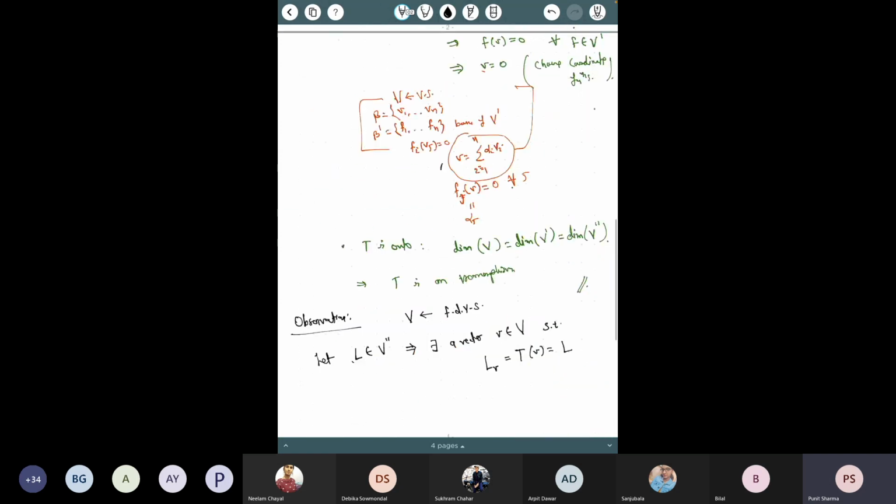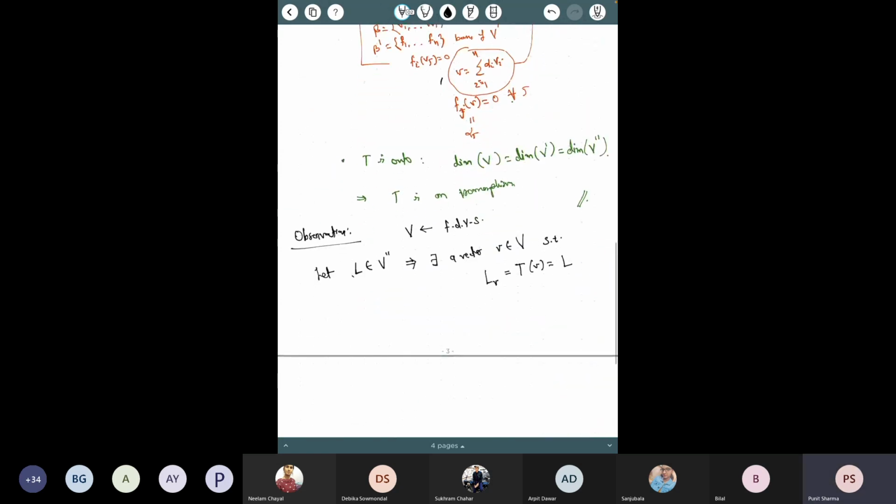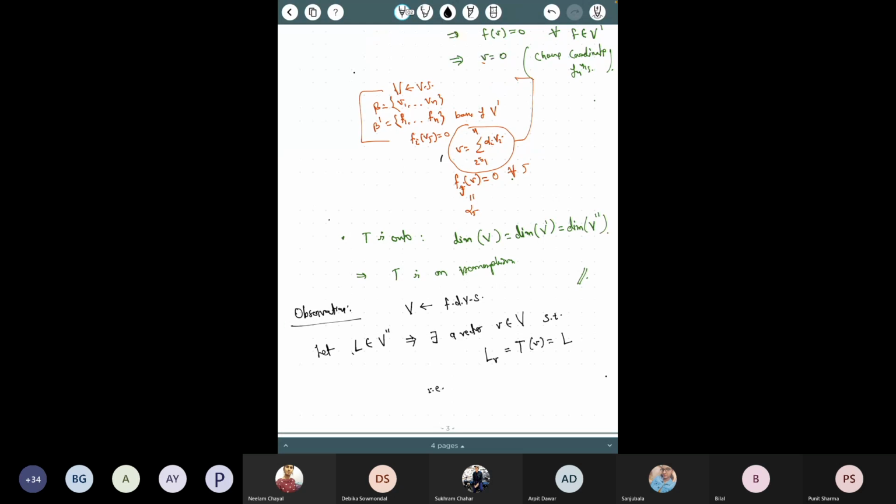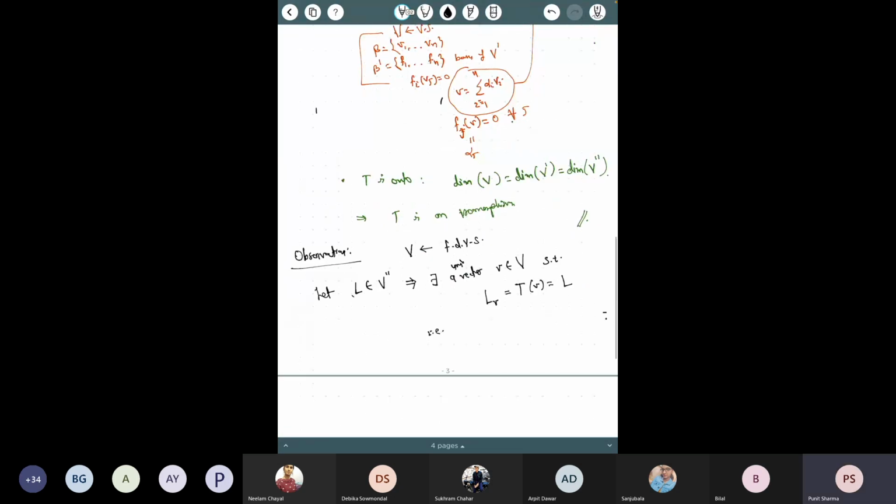So what I'm saying from here is that for any L in V double dash, we have a unique vector V. This vector is unique because it's one-one and onto. We have a unique vector V in V such that L is equal to L subscript V. L is equal to L subscript V means what?